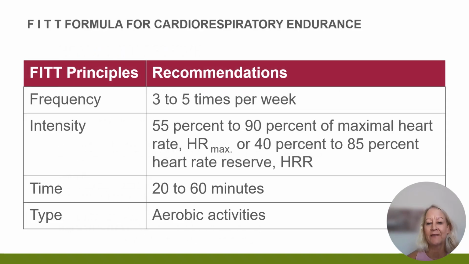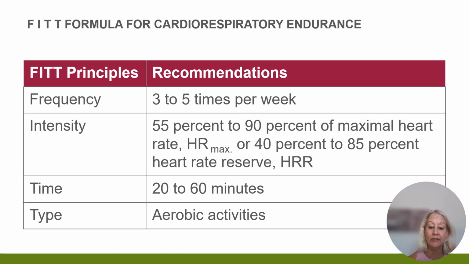So we talked about the FIT formula in our previous session, where we're talking about frequency, how often you exercise. This is putting it into context for cardiorespiratory endurance. And so ideally, you should do about 3 to 5 days per week. Your intensity is how hard you work.